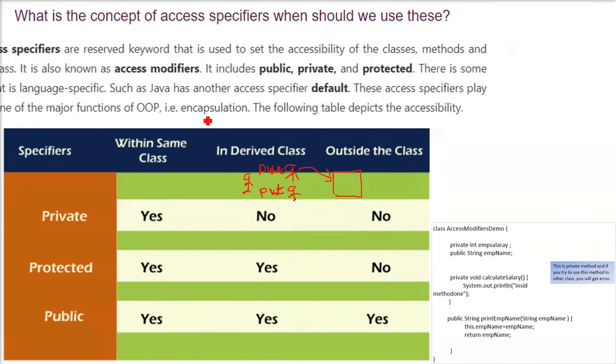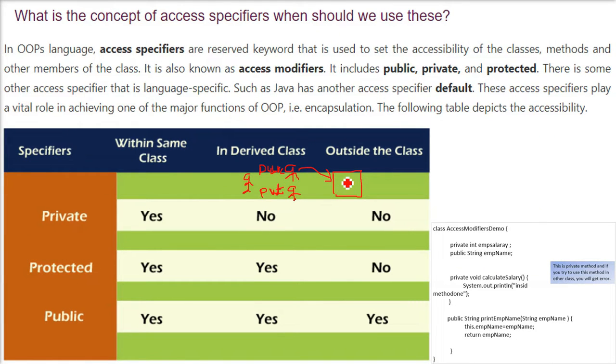Access specifiers or access modifiers in object-oriented programming languages are reserved keywords used to set the accessibility for classes. Inside them we have methods and members, so for methods and members these access modifiers are used. They include public, private and protected.